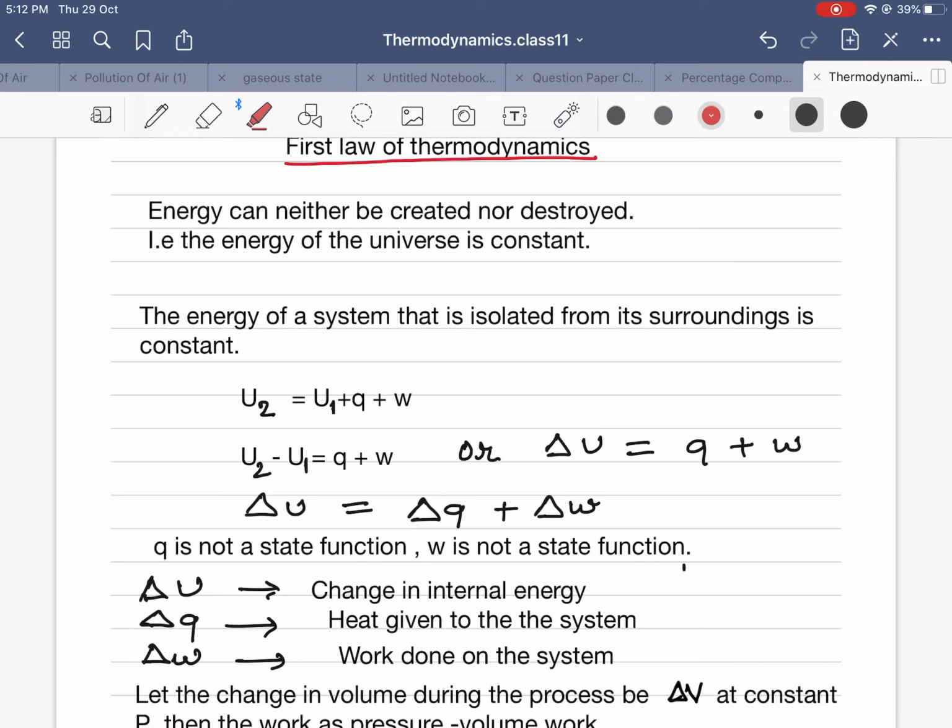Thus, the 285.8 kilojoule of electrical energy which was supplied to the system has been recovered later as heat energy.